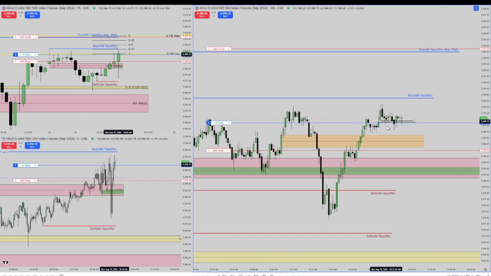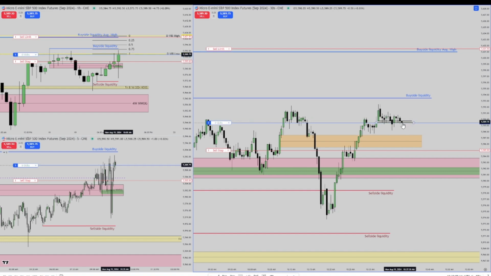We've hammered it once, twice, three times. After three times, I really want to see it trade away from it. Three times is kind of the magic number.